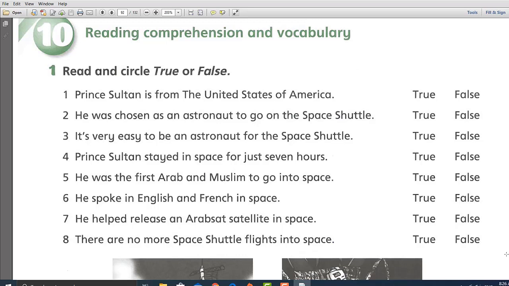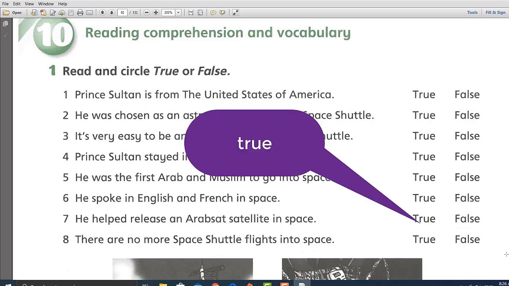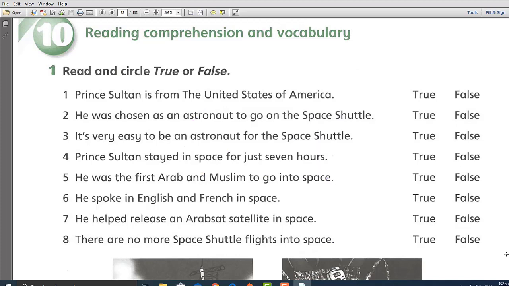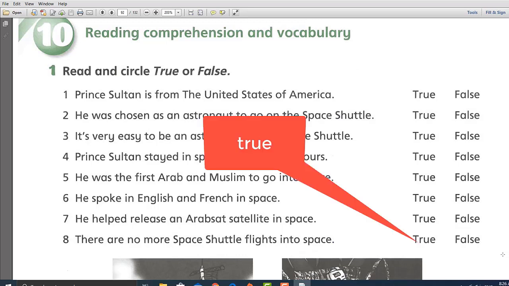He helped release an Arabsat satellite in space. True. The last one. There are no more space shuttle flights into space. Yes, this is a true sentence.